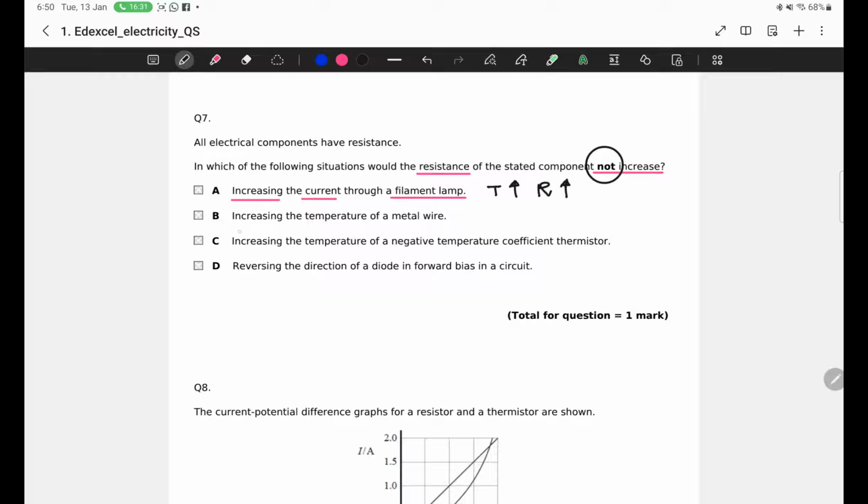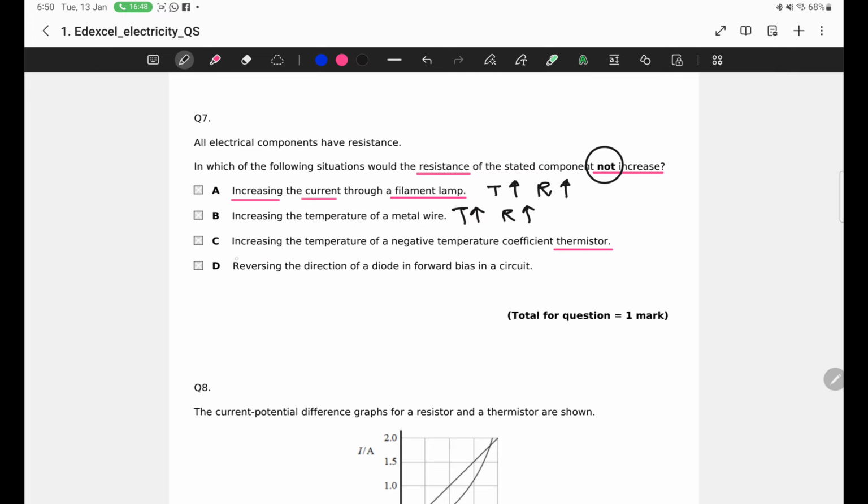Now B, increasing the temperature of a metal wire. If the temperature increases, its resistance will increase. But the behavior of a thermistor is not simple.